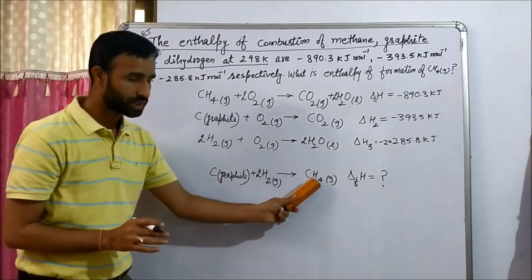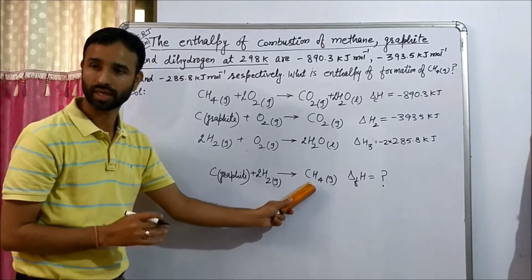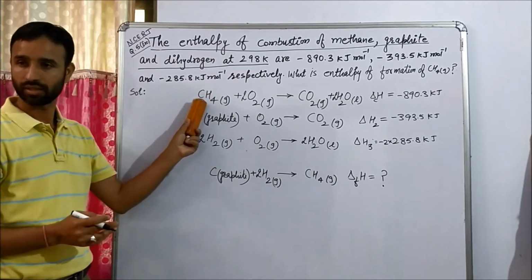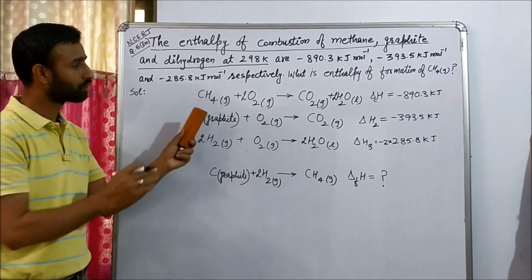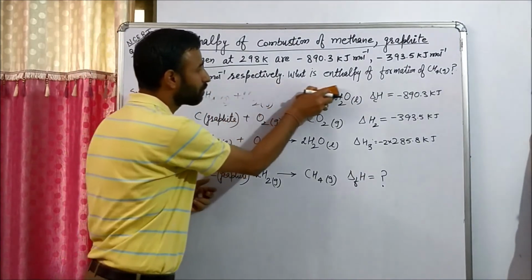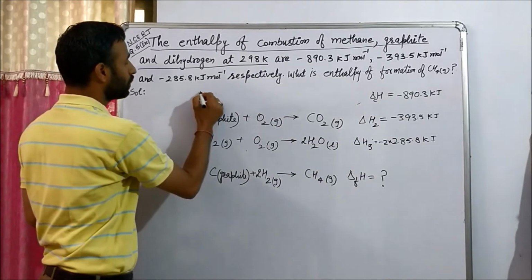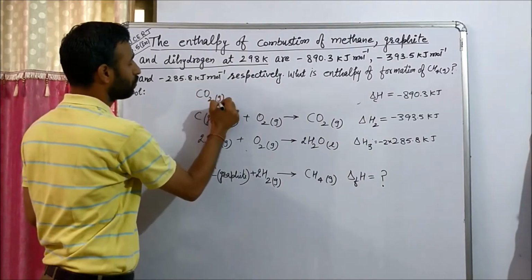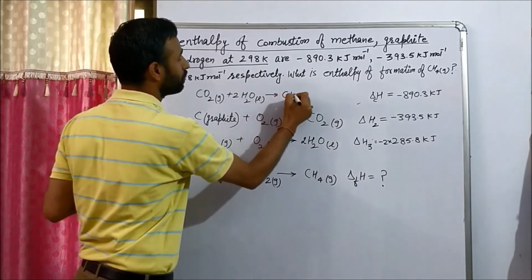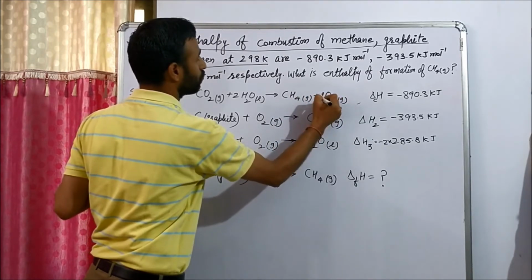Now come to this side. Methane gas is on the right side, and the number of moles is 1. We have methane gas but on the left side. So we reverse this equation. When we reverse this equation it becomes 2 CO2 gas plus 2 H2O liquid to methane gas plus 2 O2 gas.